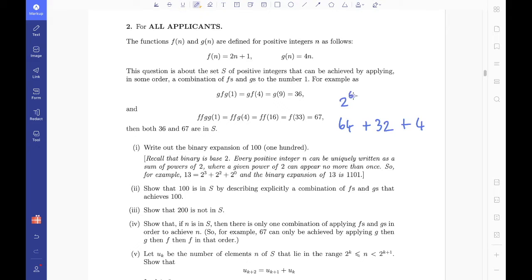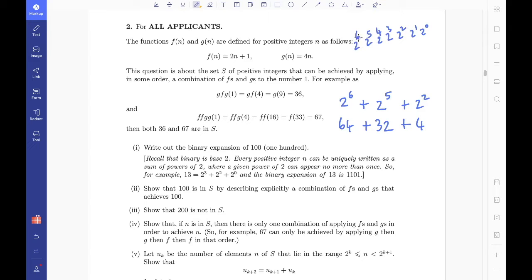So we can write this as 2 to the 6 plus 2 to the 5 plus 2 to the 2. And you have to remember in binary that you need a 2 to the 0 part. So if I write this out as a table, we've got 2 to the 0, 2 to the 1, 2 to the 2, 2 to the 3, 2 to the 4, 2 to the 5, and 2 to the 6.